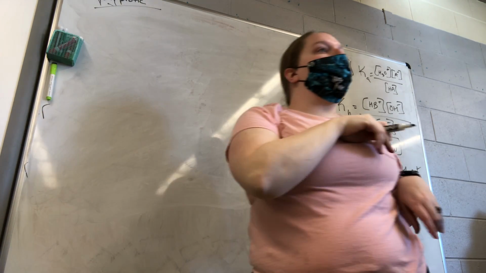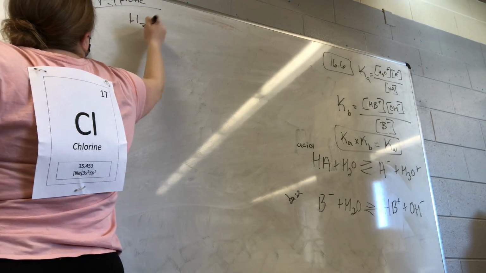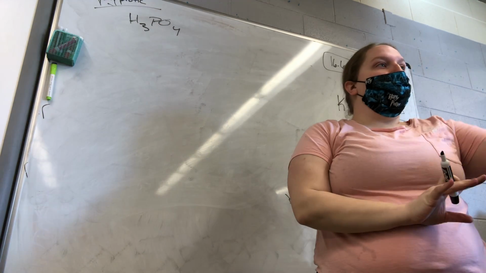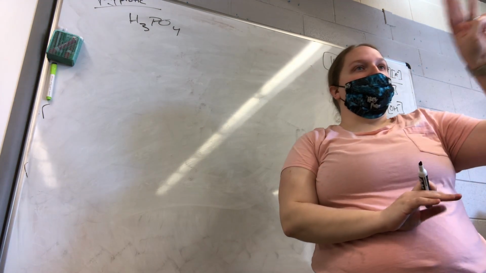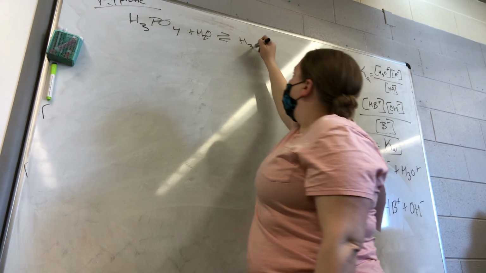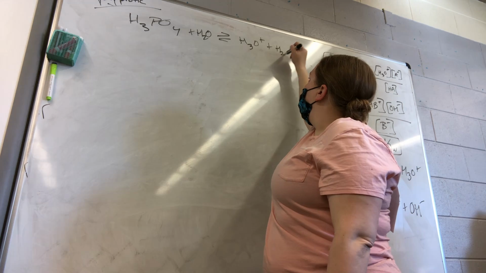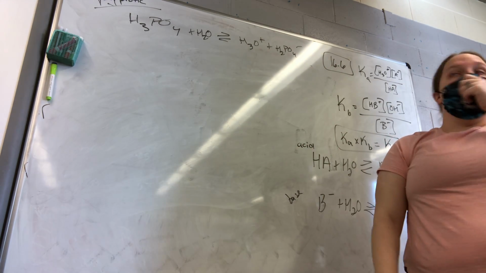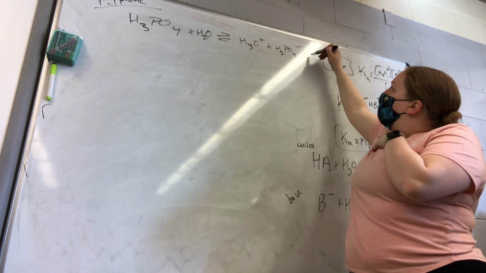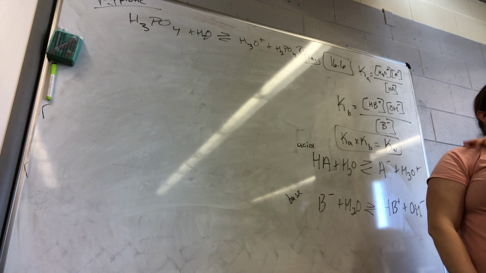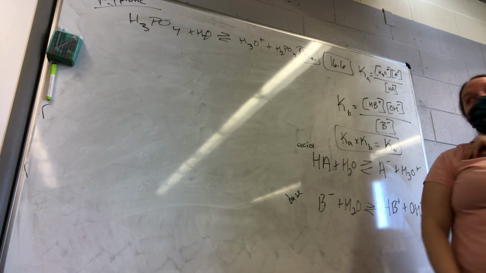polyprotic acids. If I have a polyprotic acid, multiple protons, right? This is the one I've got. And I remove one. I get this. And in order to do this, there's an equilibrium constant associated with it. And we call it Ka1 because it's the first proton.